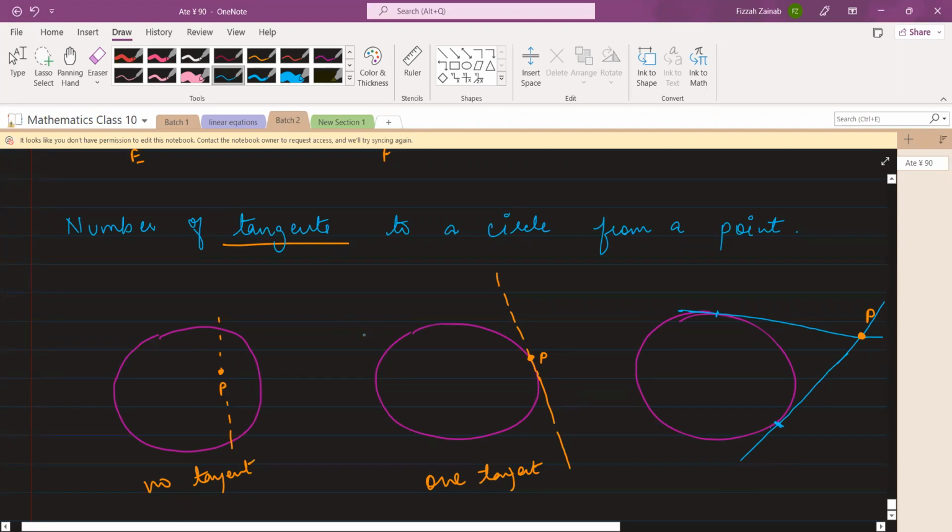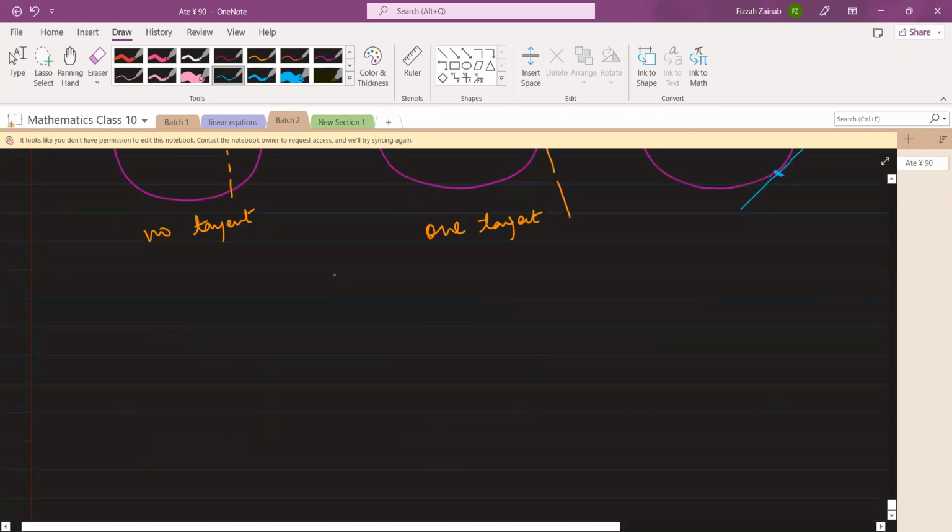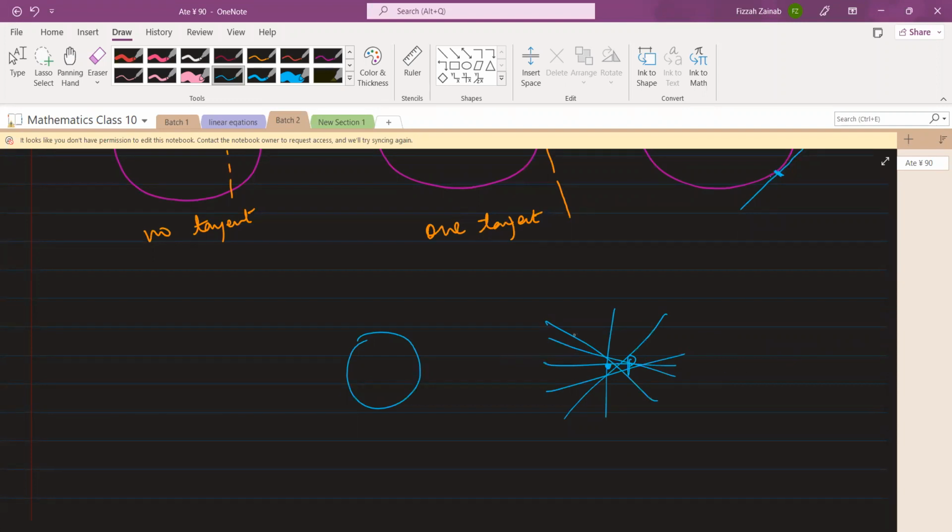See, understand it like this. You have a circle here, and then you have any point P. Now, from this point P, infinite lines can pass, isn't it? From a single point P, infinite lines can cross. But there are only two lines which will satisfy the condition of touching the circle when extended. One line goes like this, another line goes like this.